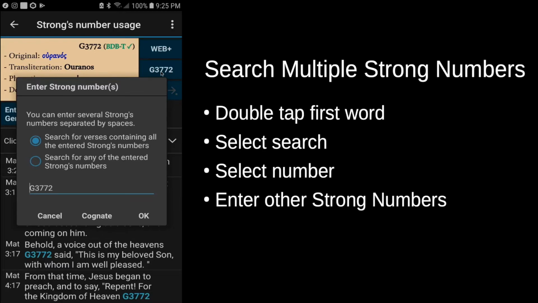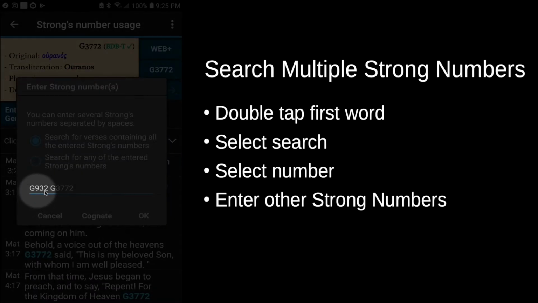So if I wanted to search for 2 or 3 or 4, I would just enter the Strong's numbers here, and so I can search for multiple Greek words. Now, the other word that we were interested in, basileia, was G932, so I'll just type that in, G932, put a space in there. So now right here I have the G932, I have the G3772, and I can just come tap OK.